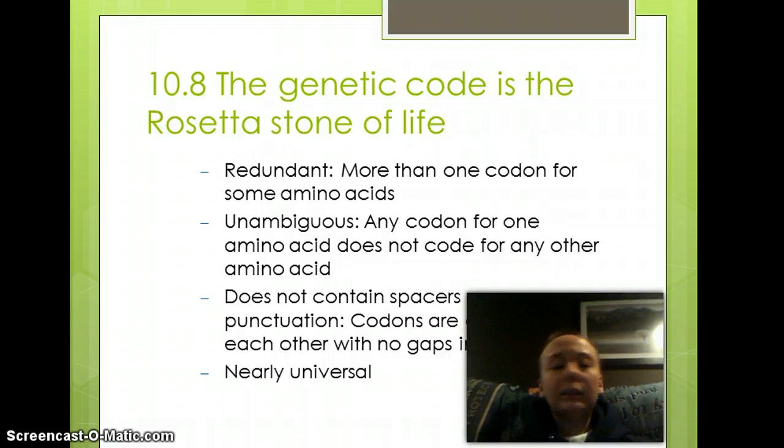And it doesn't contain spacers or punctuation. It's just adjacent to each other, and there are no gaps in any of the letters. And it's pretty much universal, which is really interesting because everything has DNA. So it's really cool if you think about evolution. Everything has DNA, and those specific codons determine that protein in almost all organisms.